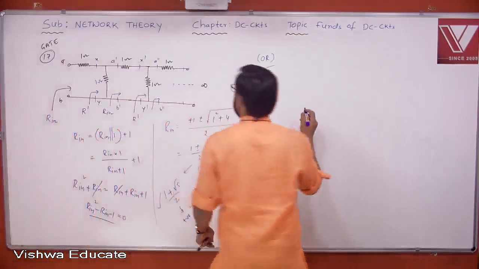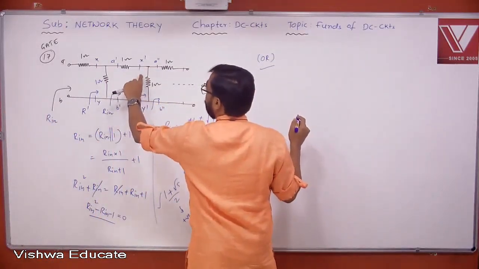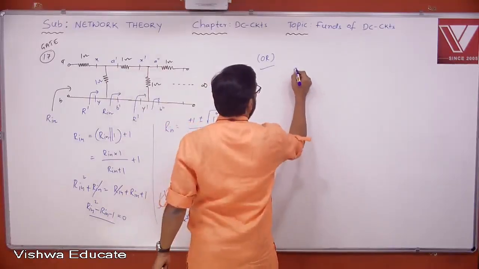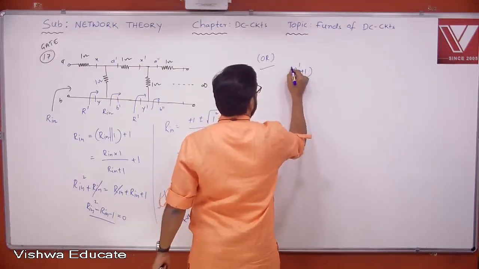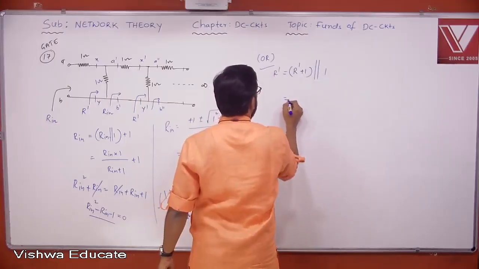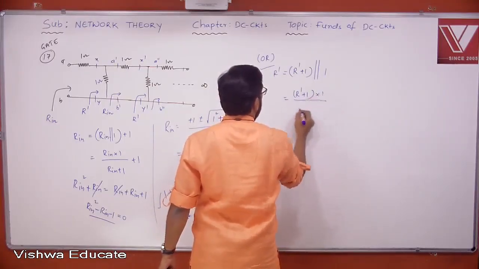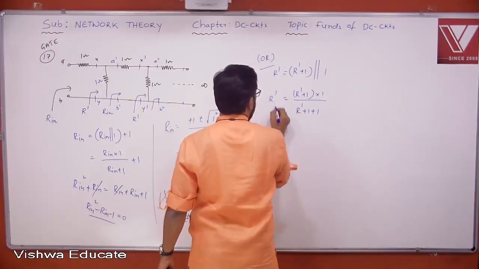So therefore, you can look at this. R dash is in series with 1. R dash plus 1 parallel with 1 should be equal to R dash. That means R dash plus 1 into 1 by R dash plus 1 plus 1 equals R dash.